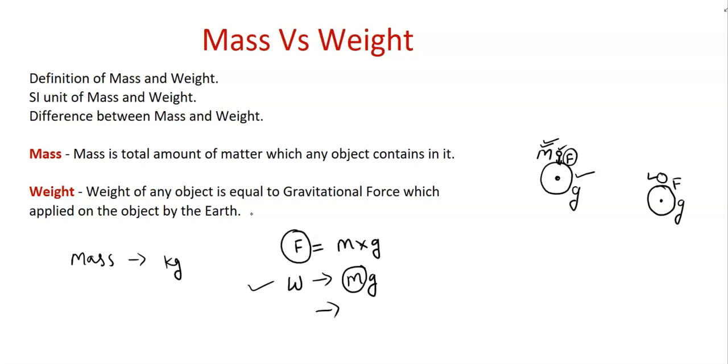Now let's find the unit of weight. Mass has the unit kg and gravity is an acceleration, so acceleration has the unit meter per second square, and this is equal to the Newton, and this Newton is the SI unit of force. So the SI unit of force is Newton and it is equal to the weight also.